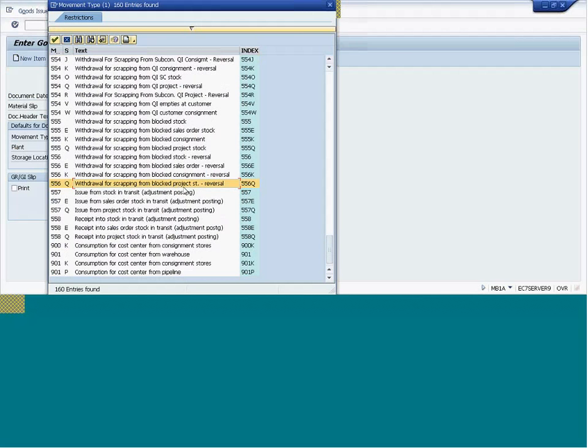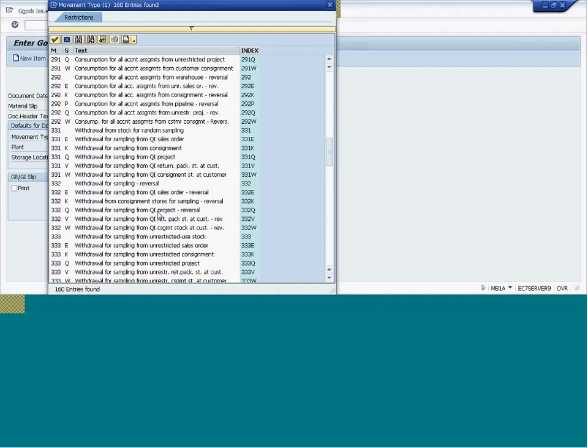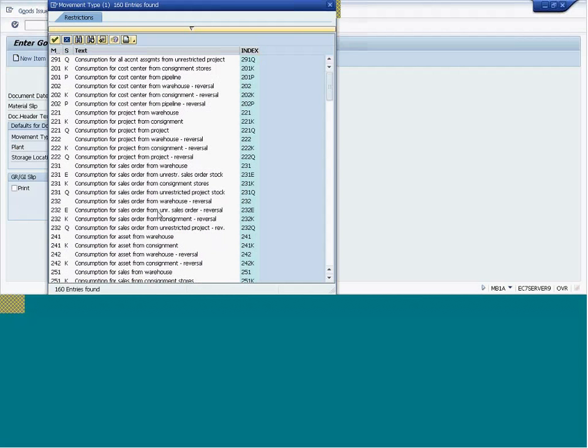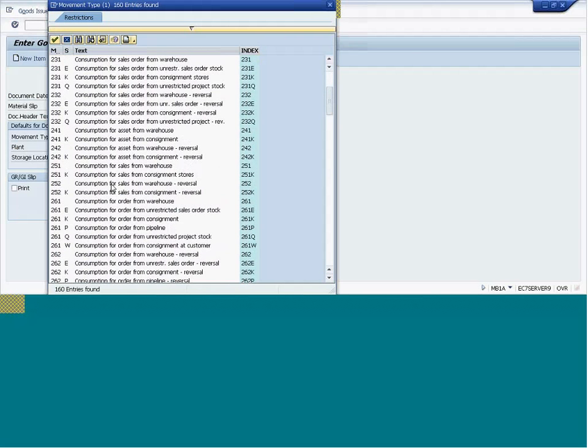So it can be issued to anything. Normally, 201 is for cost center, and for order it is 261. So this is used for the production order.